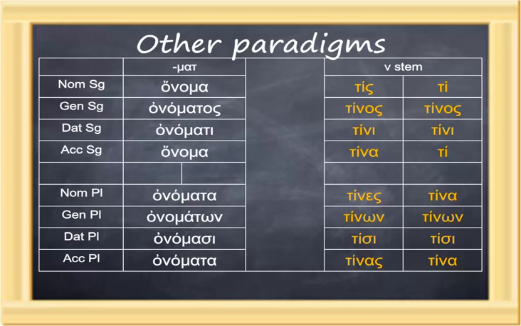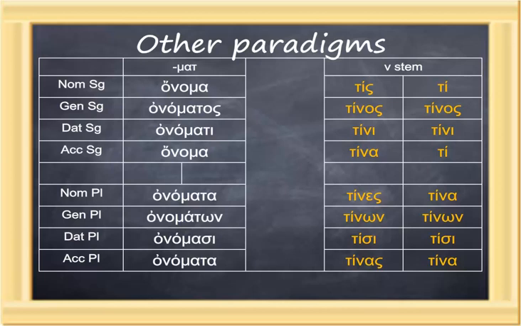And so the forms are tis and ti, sigma added to the masculine feminine, nothing added to the neuter, tinos, tini, tina, alpha added to the masculine feminine form, nothing added to the neuter form, and that ending nu dropped off. In the plurals, tines for the masculine feminine, tina for the neuter, tinon and tinon, tisi and tisi, again just as in the nominative, and then tinas and tina for the accusative plurals.